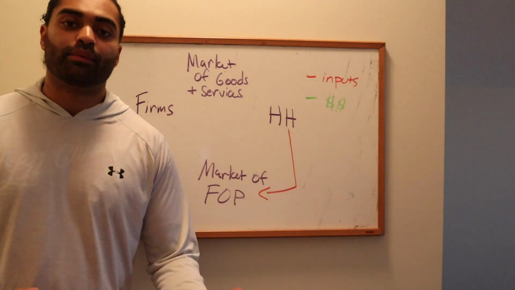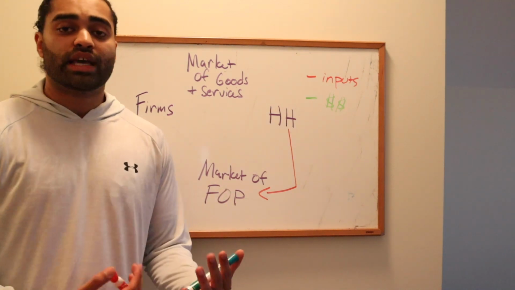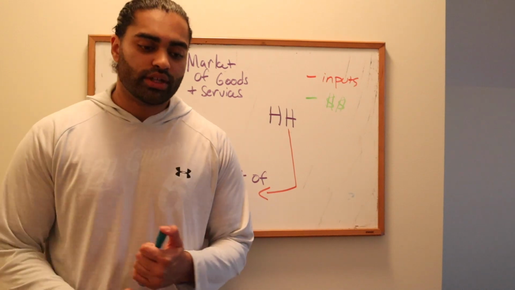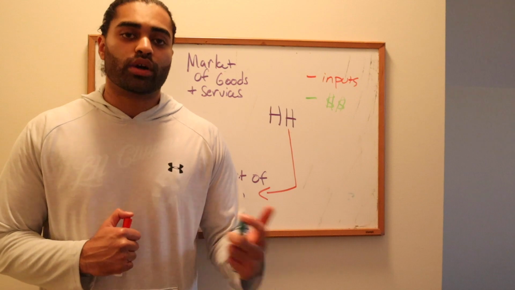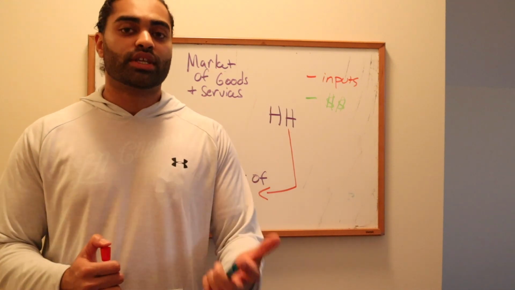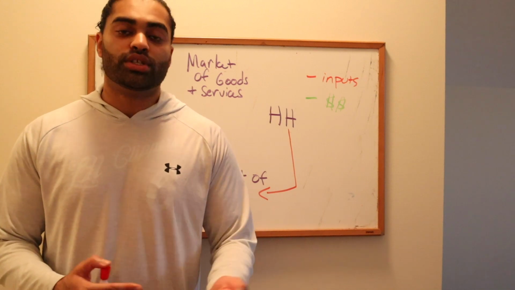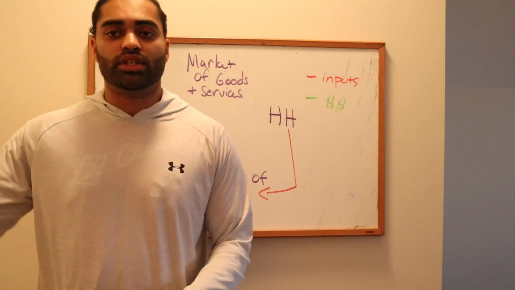Basically, you provide land, labor, or capital, whatever it may be. Let's say you have a certain type of skill set that can contribute to a certain type of industry. Let's say you're a cashier, and for example, you work for Target. You're providing Target with your skill set, which is a type of factor of production. They need you to sell their product, as a cashier, as someone doing stock, whatever it may be.